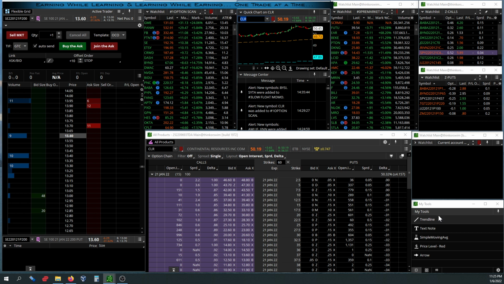Here is just a little quick box for me if I want to add trend lines or different items to a watch list. I don't have to go into the draw area. I could just click on those, and it instantly will change it on my charts so that I can draw on them. But yeah, so that's my option screen.